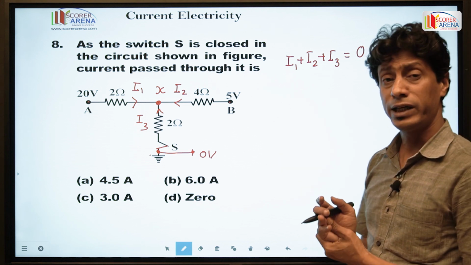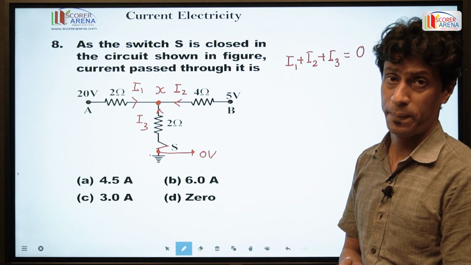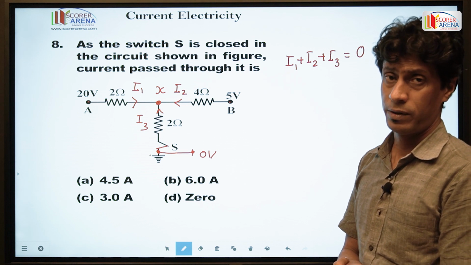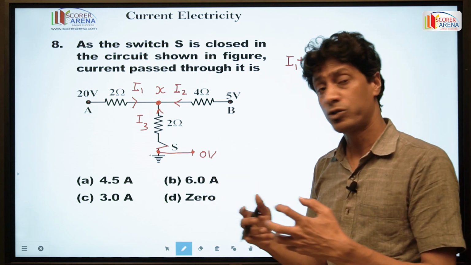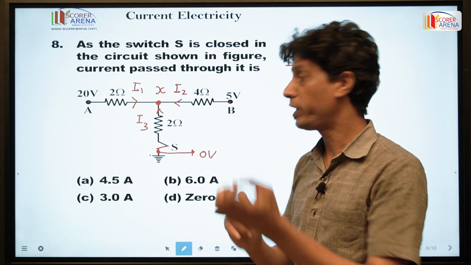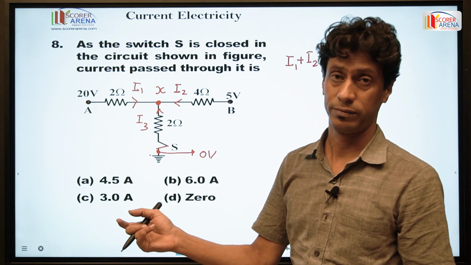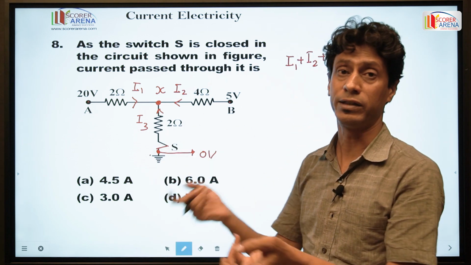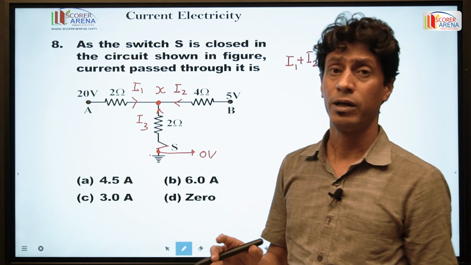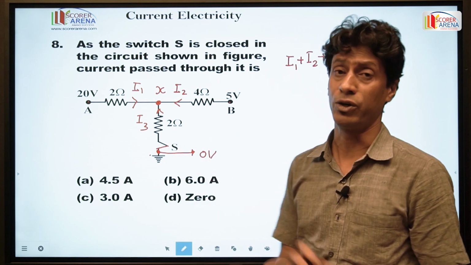Here I have taken all the current entering into the junction. You can also take all the current leaving the junction, but don't take one entering, other leaving. This one is leaving, this one is entering, this one is leaving, this one is entering. Don't take it in this way because the potential is unknown.